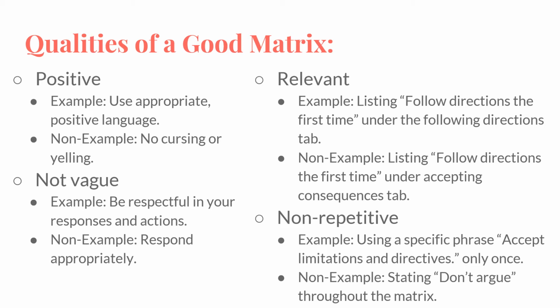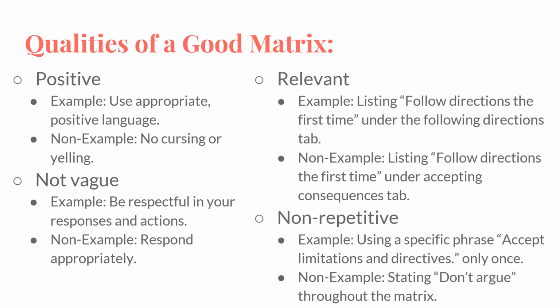When I say relevant, a great example is listing following directions the first time under the following directions tab. A non-example is listing following directions the first time under accepting consequences. That doesn't make sense. It doesn't belong there. Let's put it where it belongs and make sure that it makes sense.